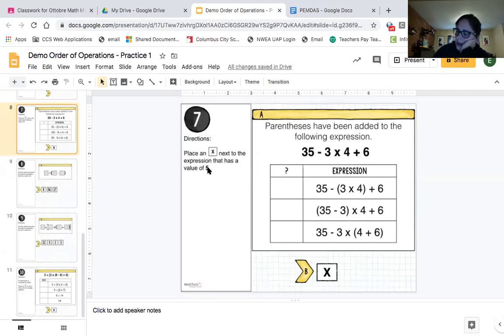I'm going to write all 3 of these down real quick so that I have them. 35 minus parentheses 3 times 4 parentheses plus 6, parentheses 35 minus 3 parentheses times 4 plus 6, and 35 minus 3 times parentheses 4 plus 6. Okay, I've written all these down so you can just copy me.